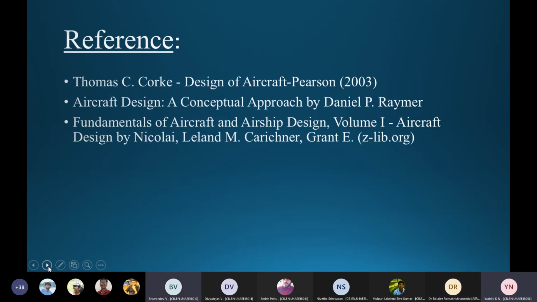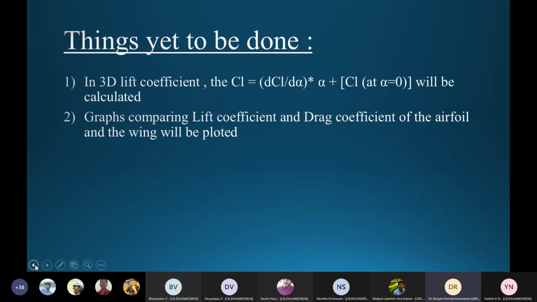Sir, then no need to find CL. What? No. See what she has done. CL at 0 lift, not alpha is equal to 0. Alpha when CL is equal to 0 will not change. So you can find this actually, if you want. Alpha at CL is equal to 0 will not change from 2D. The zero lift angle of attack. But this you can find out.